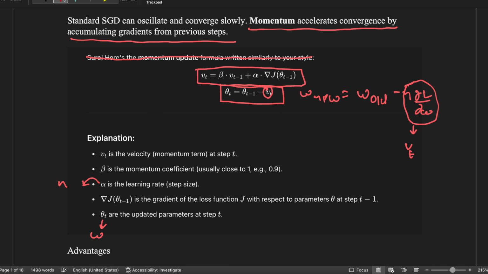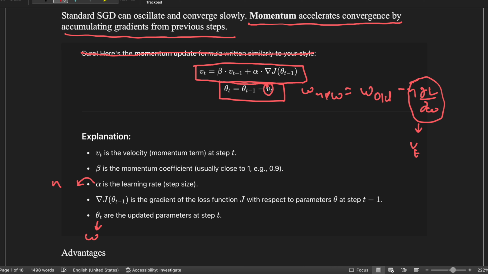If you read the explanation part, you won't get confused by the notation. This is the gradient of the loss function with respect to the parameter theta, so you already understand what is going on.